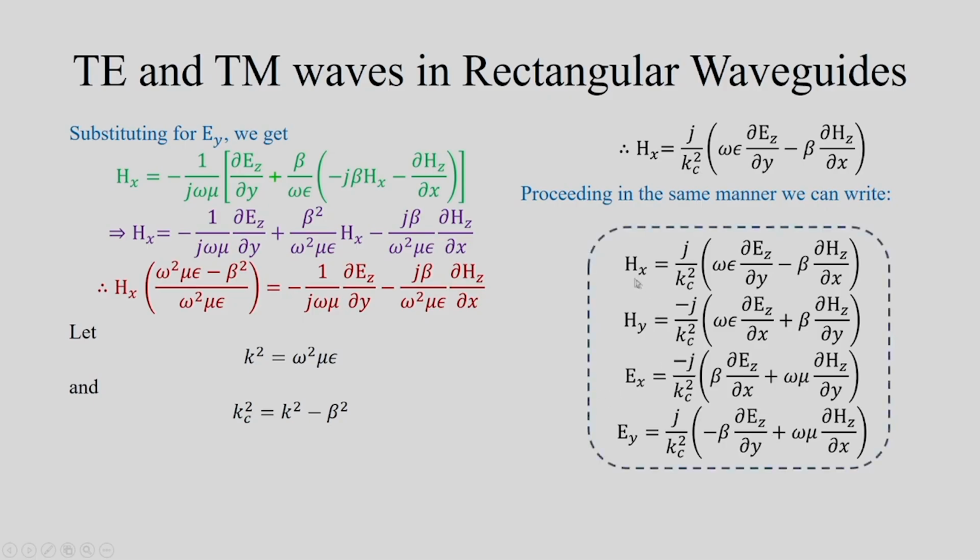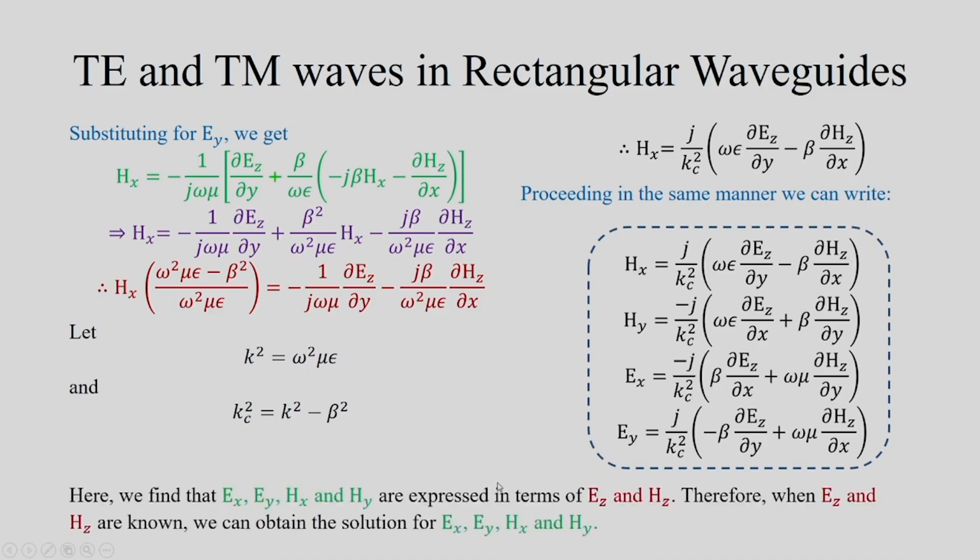Here we find that Hx, Hy, Ex, Ey all are related to Ez and Hz, and therefore, once we know Ez and Hz, we can always find out the transverse field components Hx, Hy, Ex, Ey.